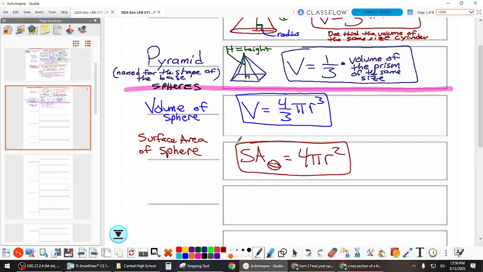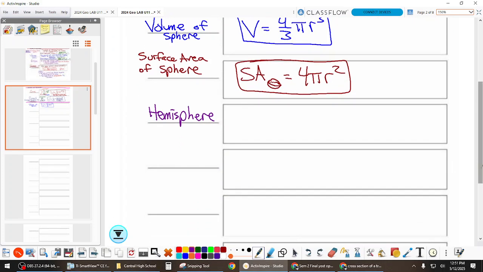I think it's probably worth reminding you of this word. So what is a hemisphere? Yeah, half of a sphere.